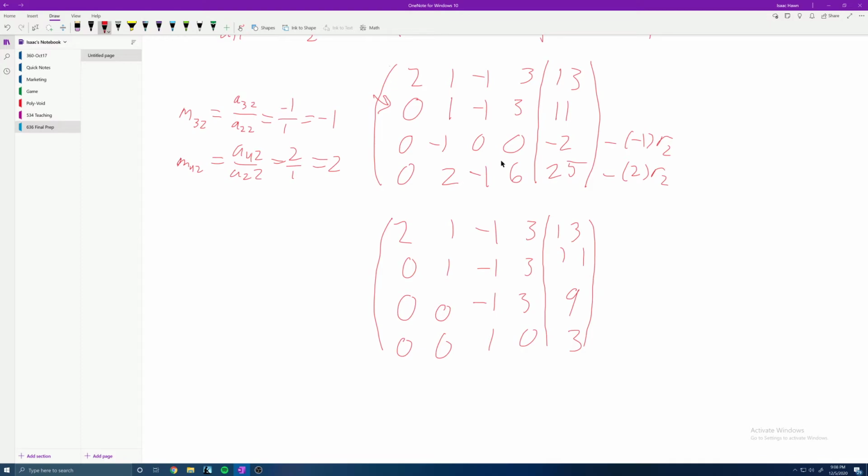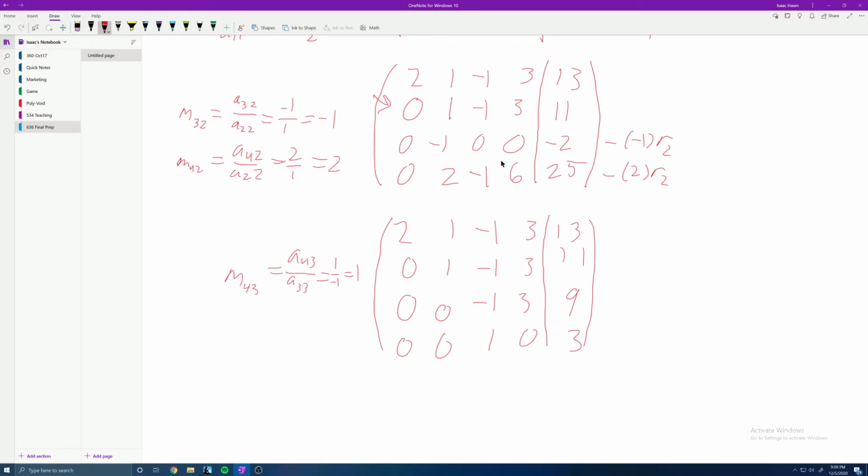All right, so continuing, we have to find the last multiple, multiple 4,3, equals A43 over the next diagonal entry, which is A33, equals 1 over negative 1 equals 1.